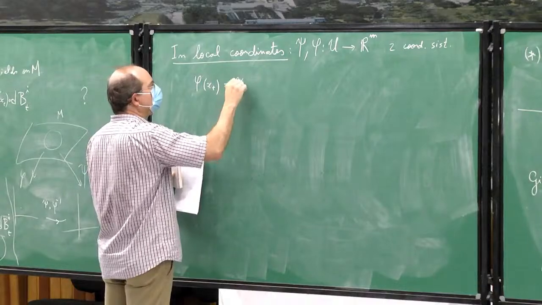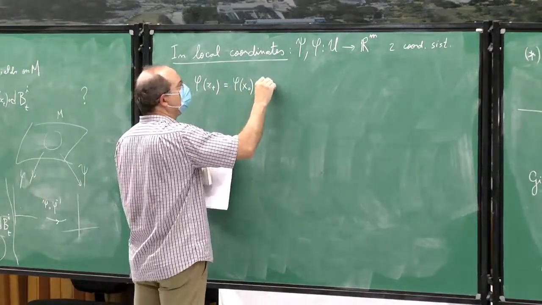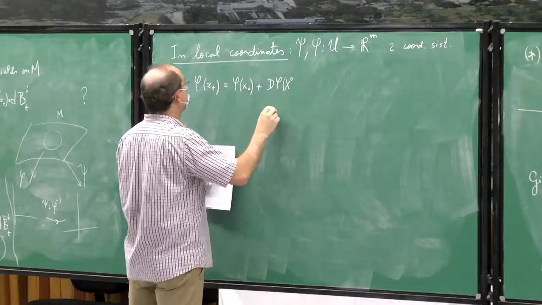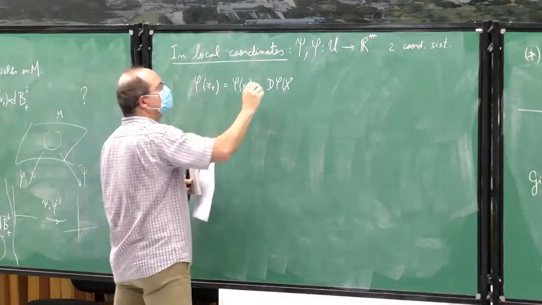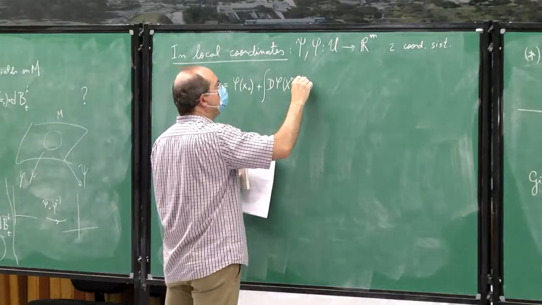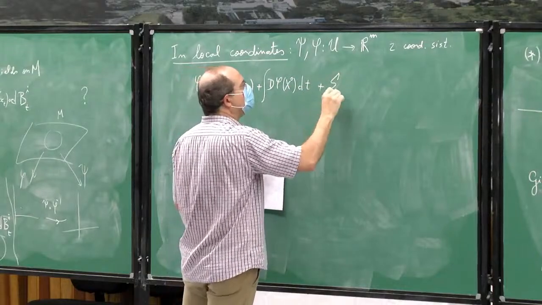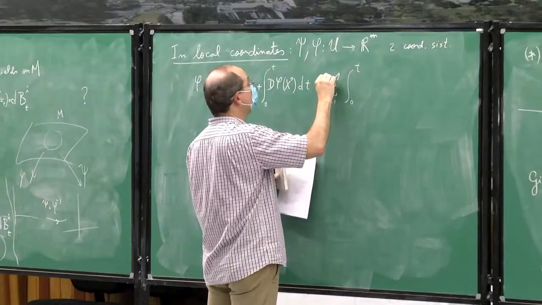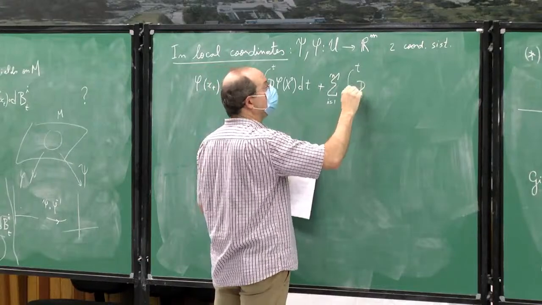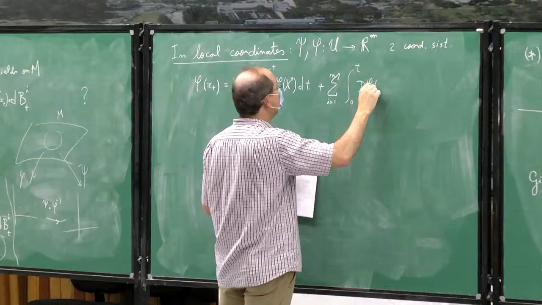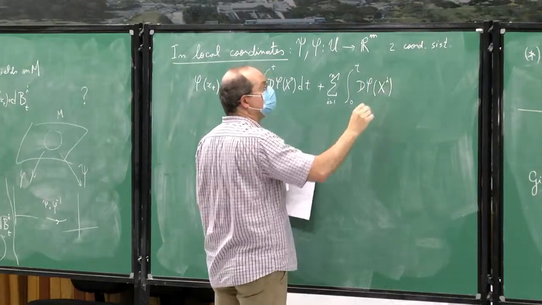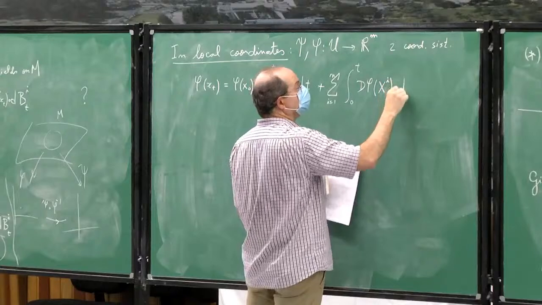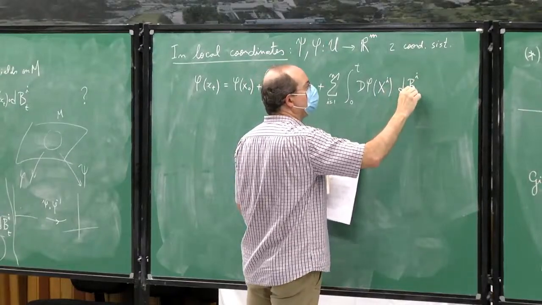This is phi of x0 plus the integral of the derivative of phi at x0 applied to X0, dt, plus the summation, integration from 0 to t, i equals 1 to n, how many noises? n, of the derivative of phi applied to Xi at the point, well, the notation is getting heavy, I omit the point.